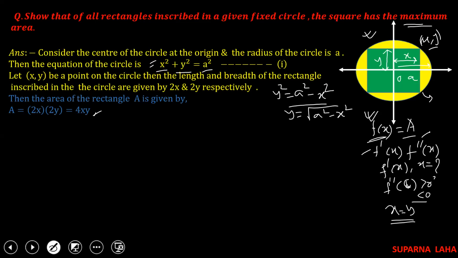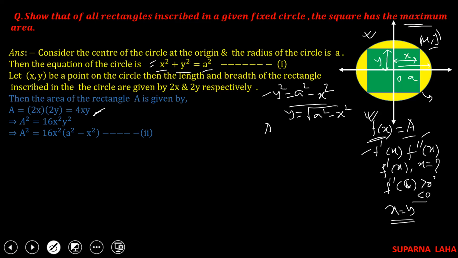So what I will do, I will take here A square is equal to 16x square y square, that is squaring this area on both sides, and then put this value of y. So put the value of y, so it will come 16x square into a square minus x square. Now instead of maximizing A, can we maximize A square? Yes, we can.